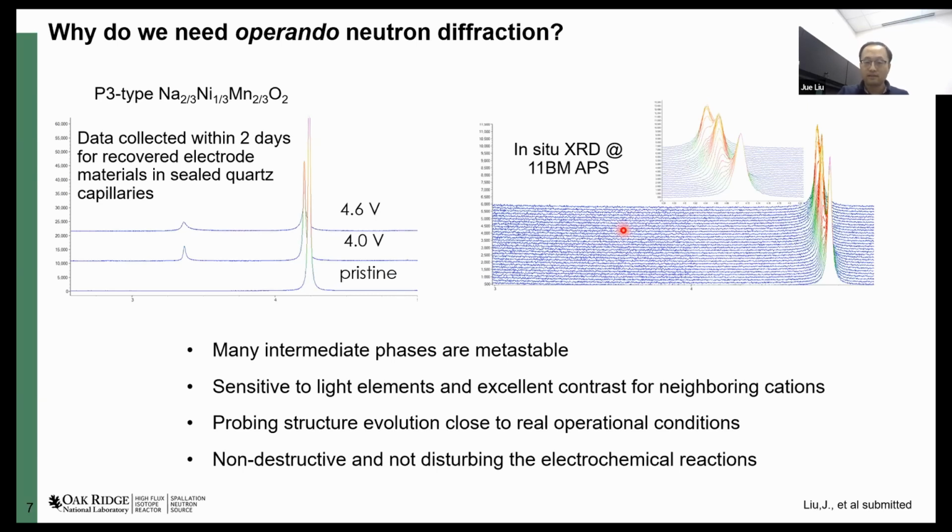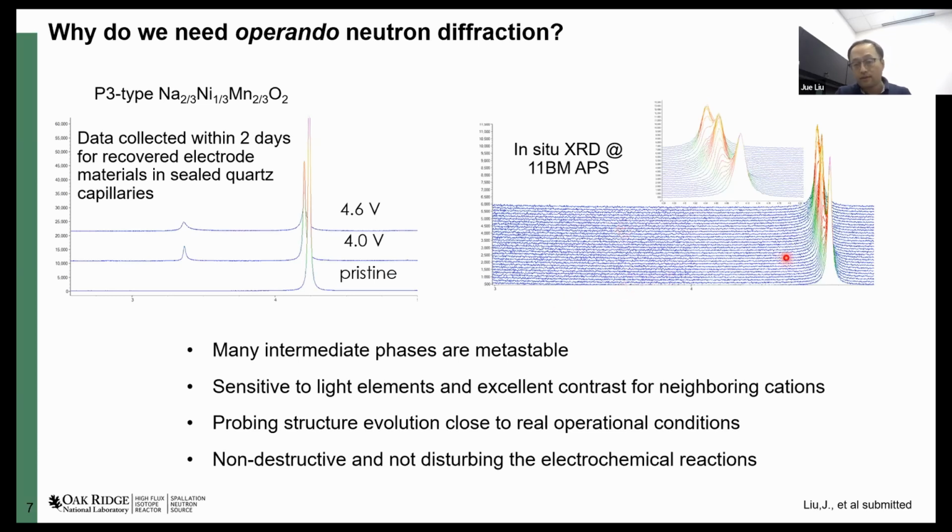So this highlights that a lot of intermediate phases formed during the electrochemical deintercalation process are actually metastable. That means when we relax the battery, the structure also relaxes. So we are not probing the structure evolution that happens during operational conditions.